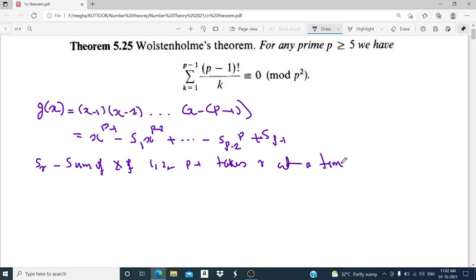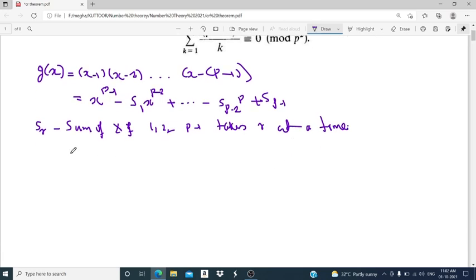For example, s_{p-1} is nothing but 1 into the last term, that is the constant term, 1 into 2 into 3 into etc. p minus 1, which is equal to (p minus 1) factorial.